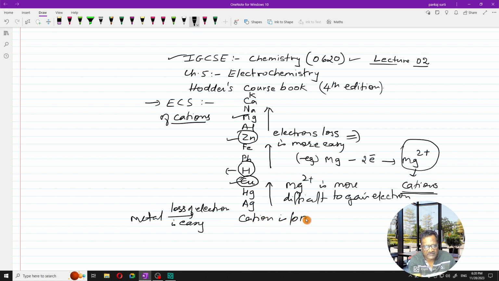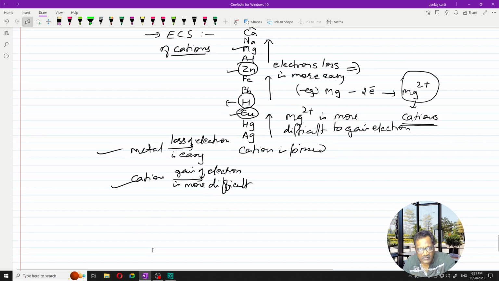Along with this, this cation which is formed will find it more difficult to gain electron. So gain of electron by this cation is more difficult. This you should remember. This is what is happening. Got it?